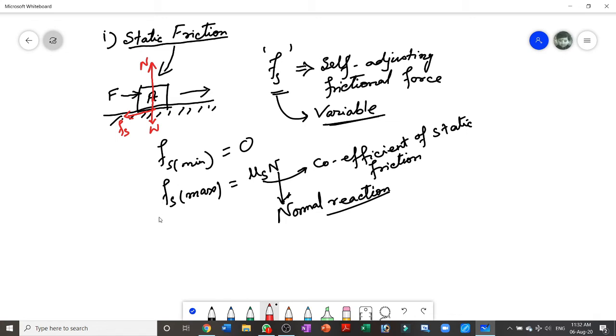So for Fs we can write 0 less than or equal to Fs less than or equal to mu s N, that is, Fs minimum to Fs max. So this is the basic idea of static friction.